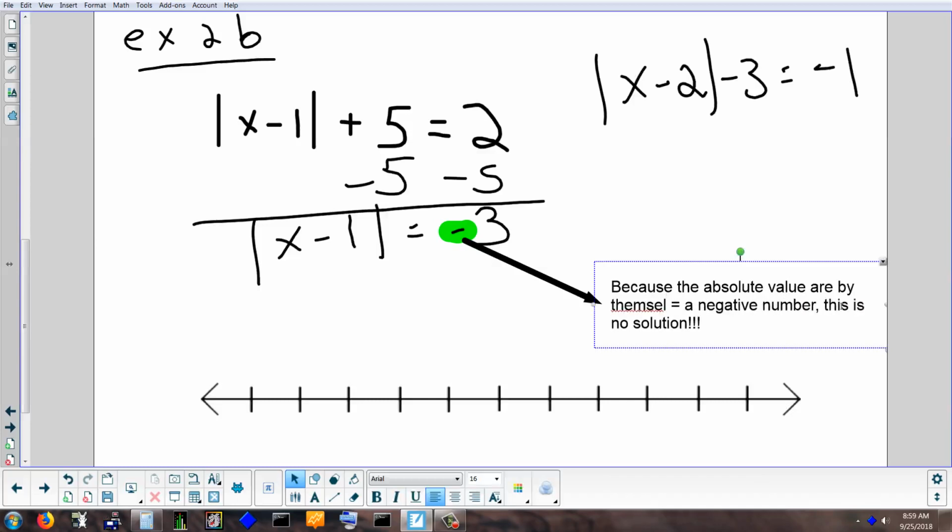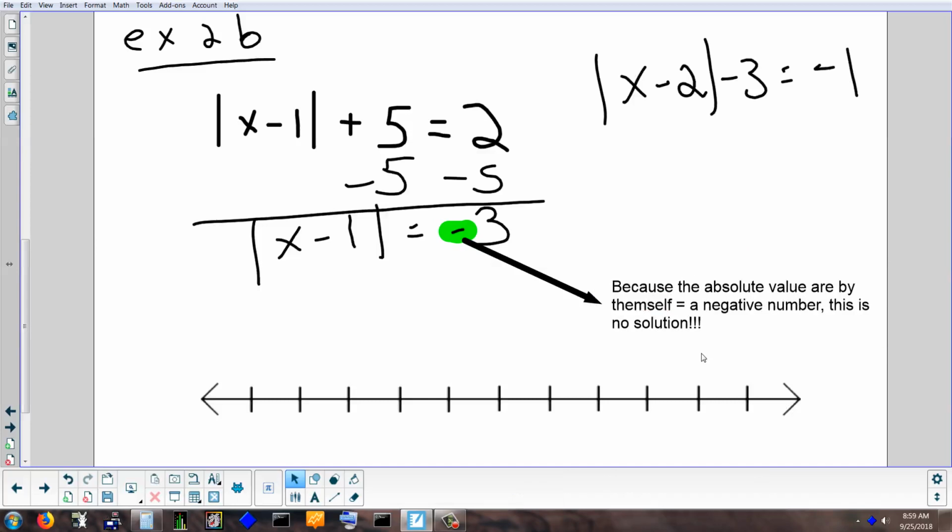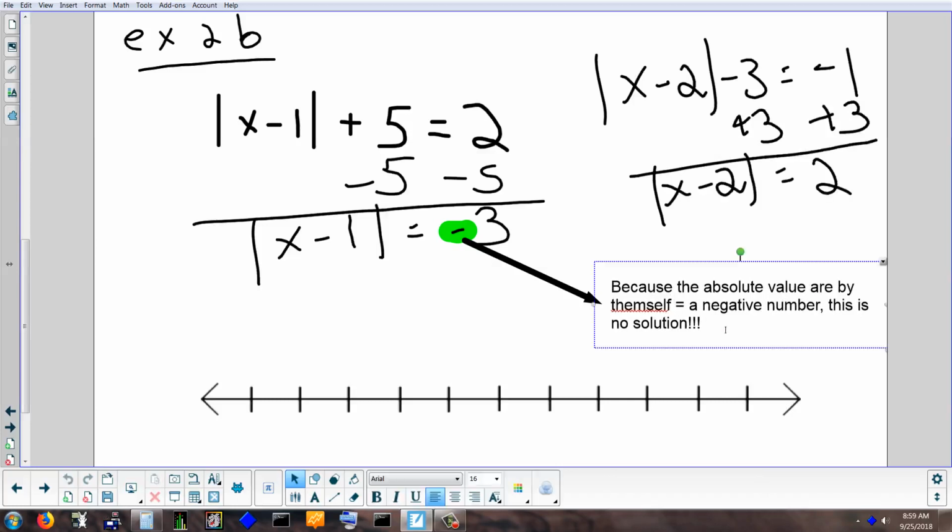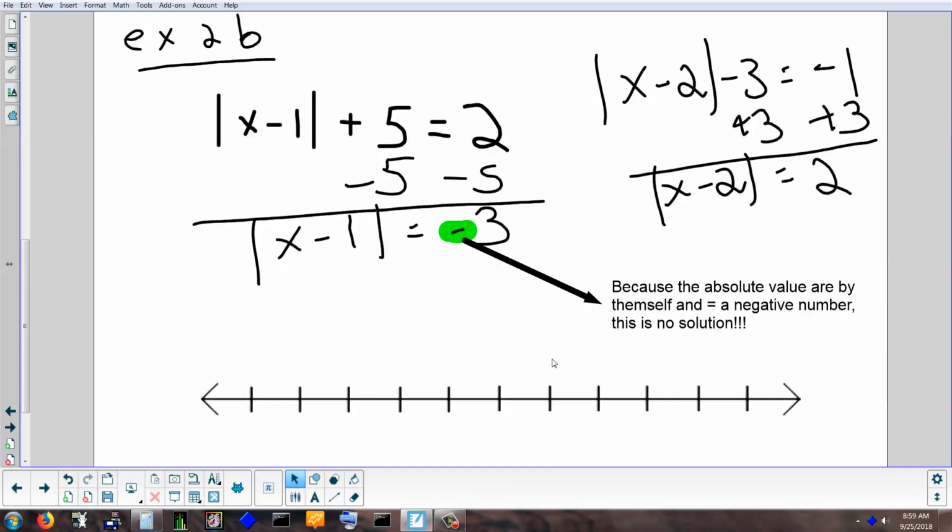Because in this case, if I added 3, it becomes 2. This one would work, because it equals a positive.